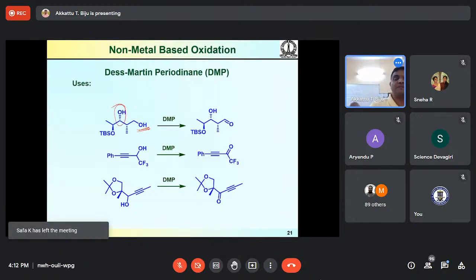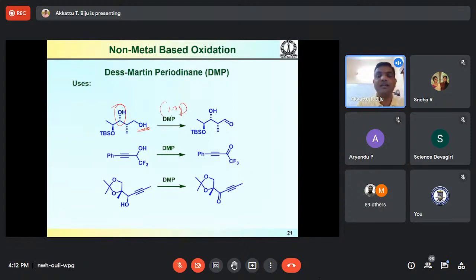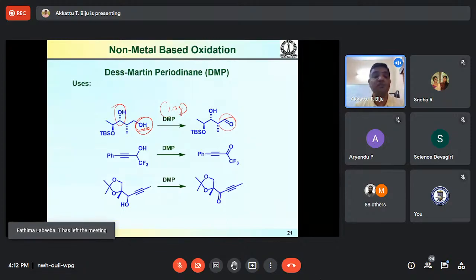If you use exactly one equivalent of Dess-Martin periodinane, one can get conversion of the primary alcohol to aldehyde. Even with excess amount, the secondary alcohol moiety will not react so fast under the reaction condition unless we use heating.